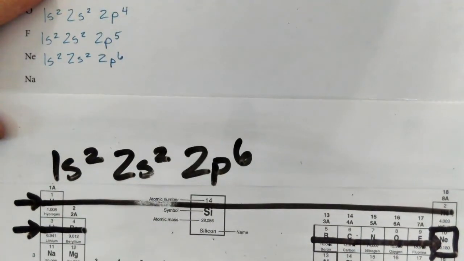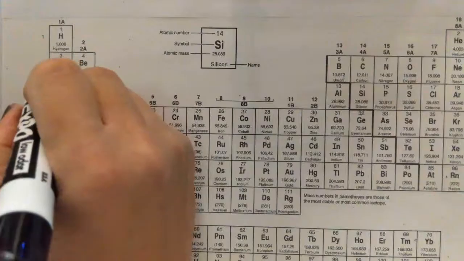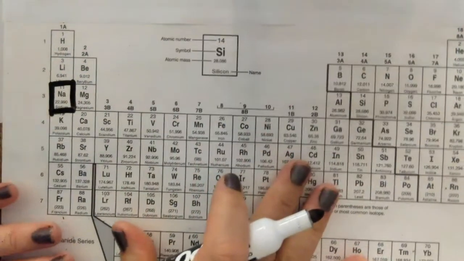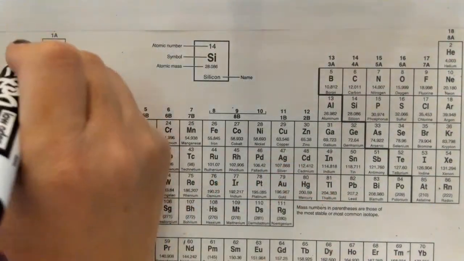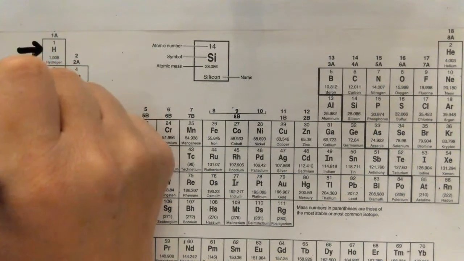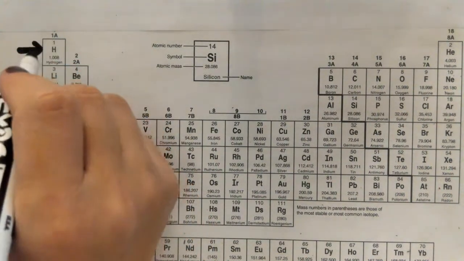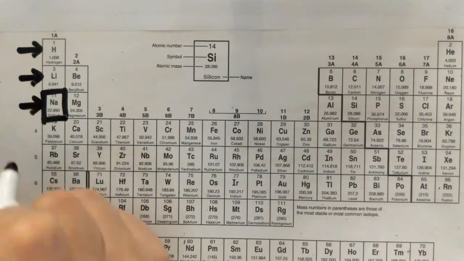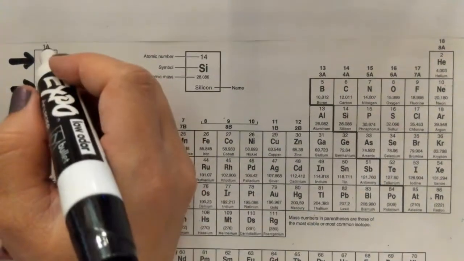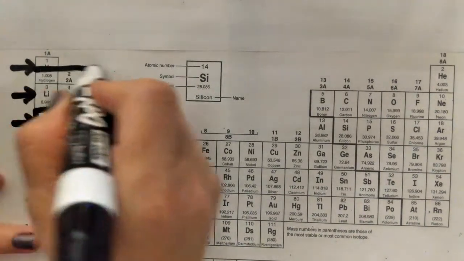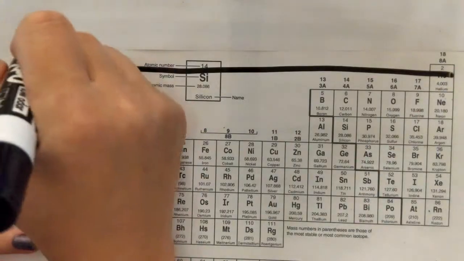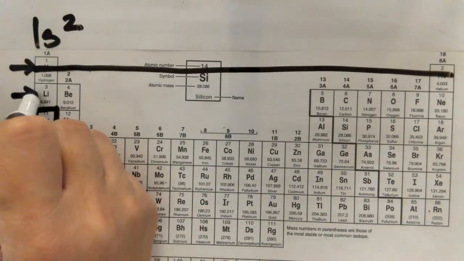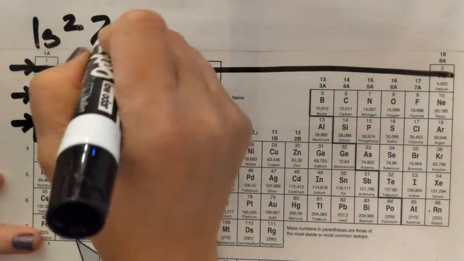All right, now we're on sodium, which starts on row 3. Here is sodium, and so it's on row 3. I've got to go through row 1, through row 2, and then I'm going to start row 3 at the sodium. So row number 1, when I go through it, I get 1s2. Then here is 2s2.